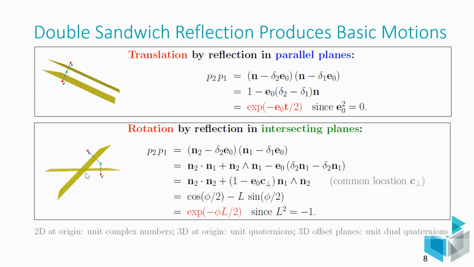You know that in homogeneous coordinates, you get rotations that are offset, but we even get them as orthogonal transformations here. So an element appears automatically in the algebra, which is that line, the intersection line of the two planes. And it turns out that that line element is something that squares to -1. So that allows you again to pull this together into an exponential form.